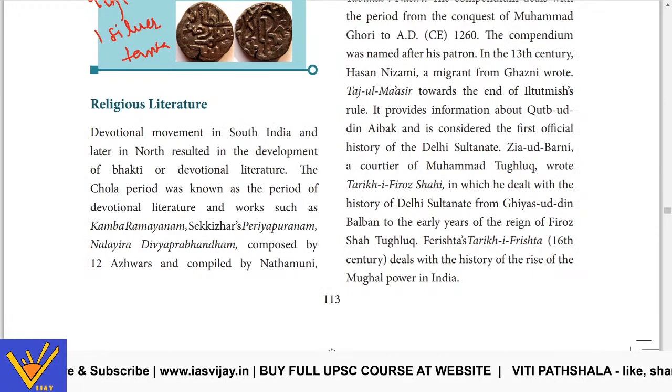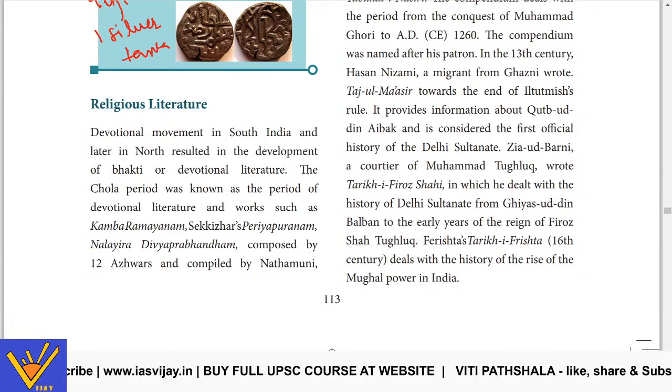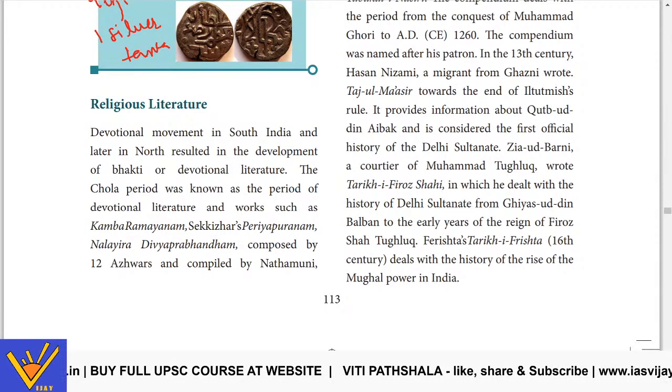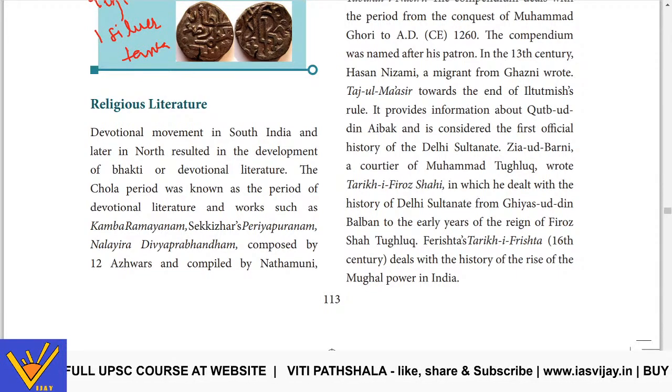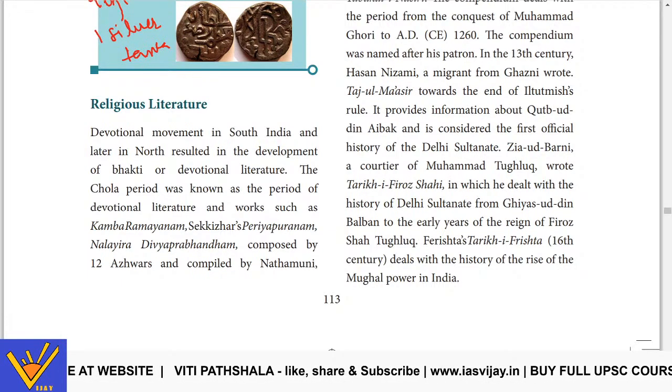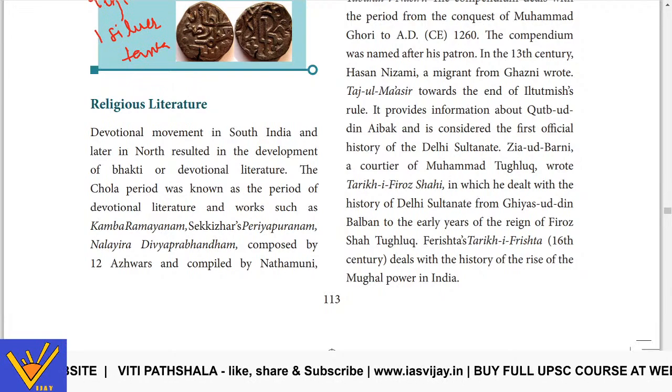Next, we come to know about history through religious literature. The devotional monuments in South India and later in the North resulted in the development of Bhakti or devotional literature.